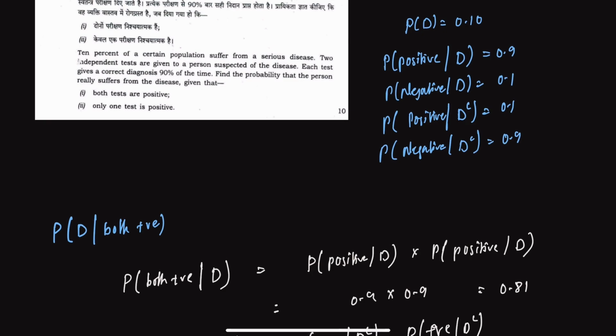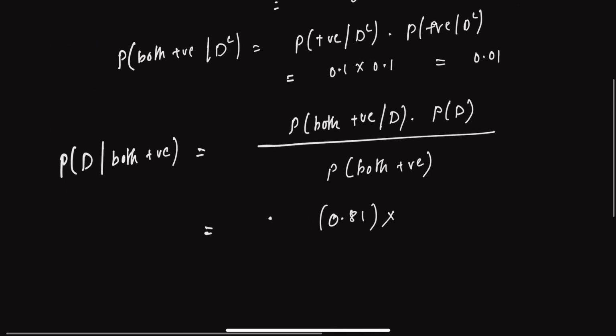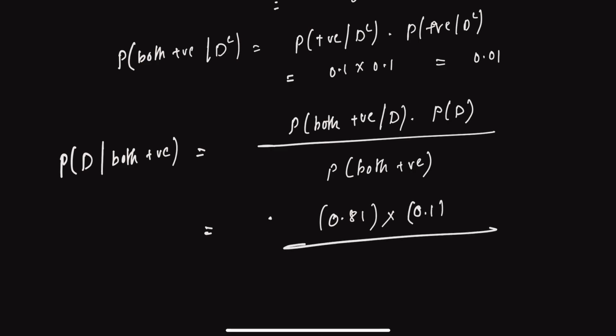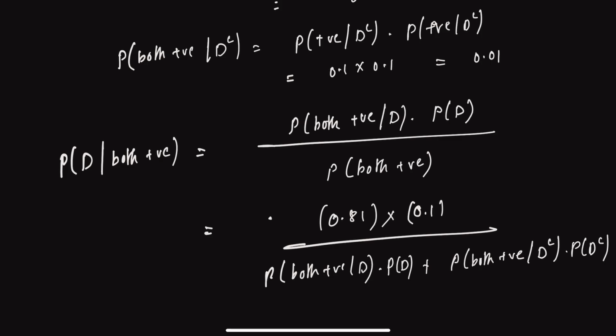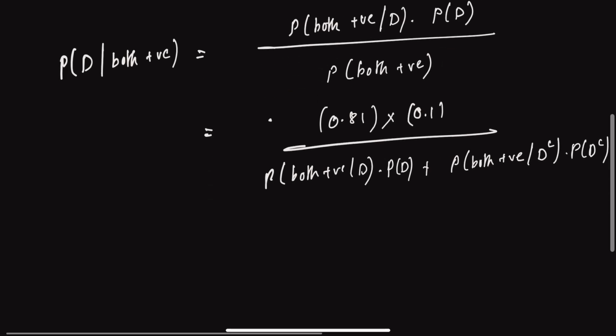Basically 10% of the population suffers from the disease, so that probability is 0.1. Divided by the probability of both positive, that is the probability of both positive given the disease into the probability of disease, plus the probability of both tests positive given no disease into the probability of not having the disease.